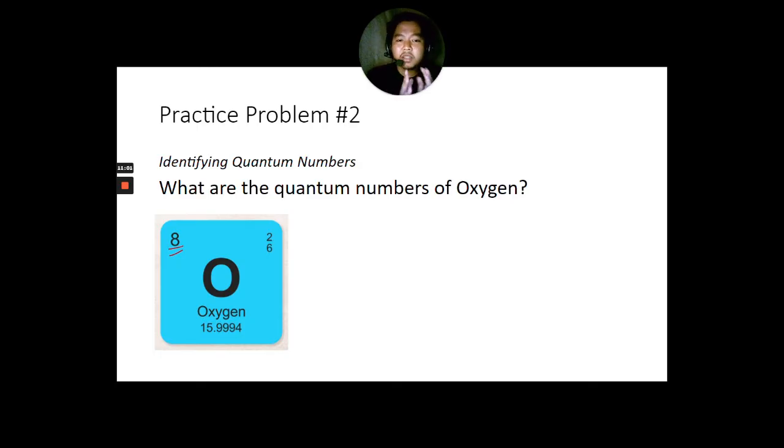The quantum numbers are amazing enough to tell you how to create your Aufbau principle, or your set of electron configuration. So we learned that L has a formula of n minus 1.